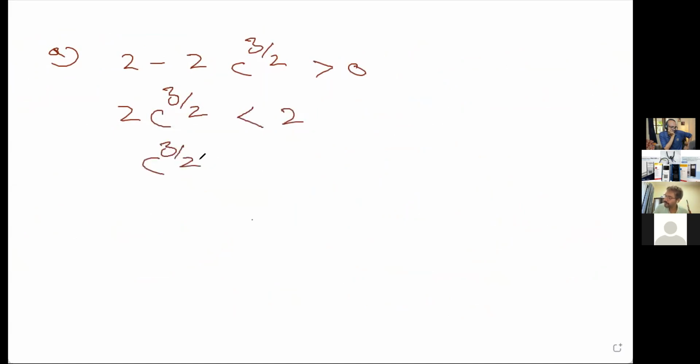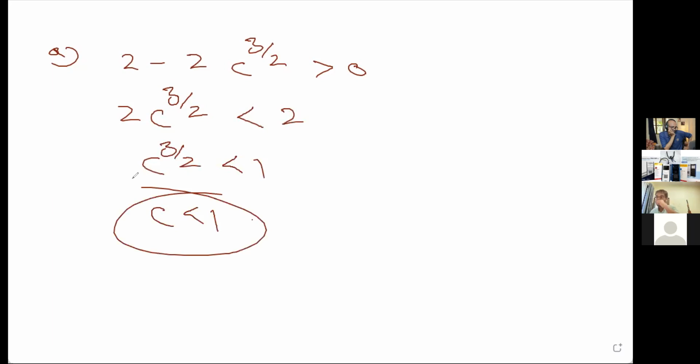So c raised to the power of 3 by 2 is less than 1. So c is less than 1. Now, in the question, it was given that c is more than 0. So if you write your answer c less than 1, the mark scheme will probably have this. If you write only c less than 1, you will lose your final mark.